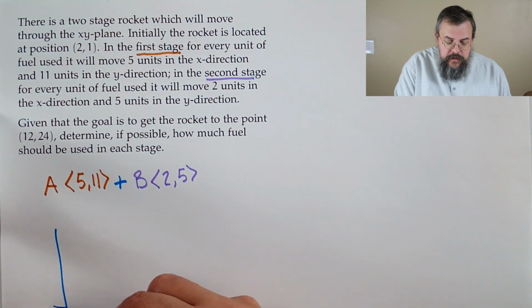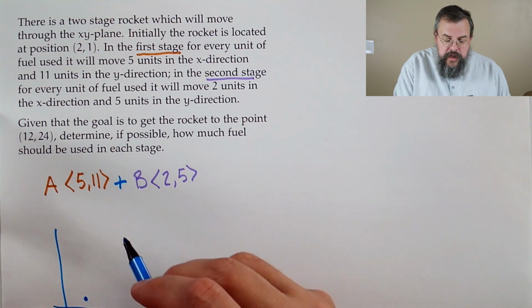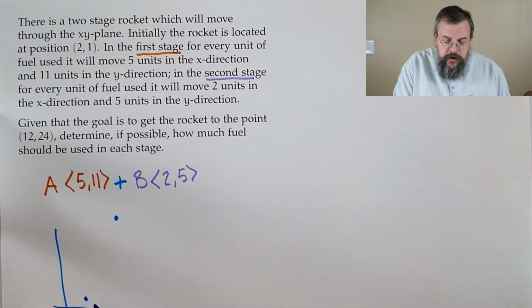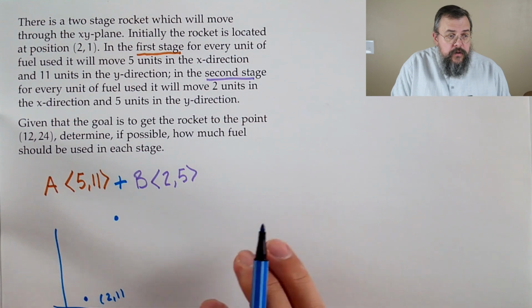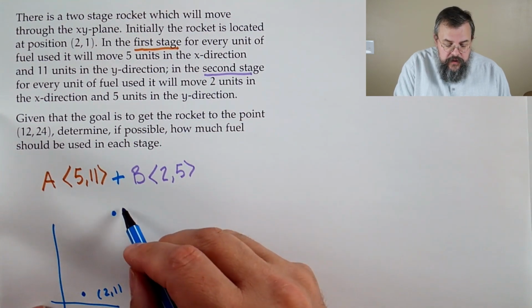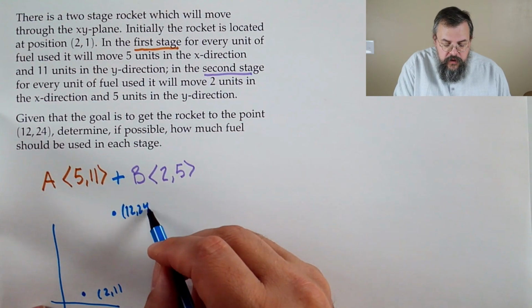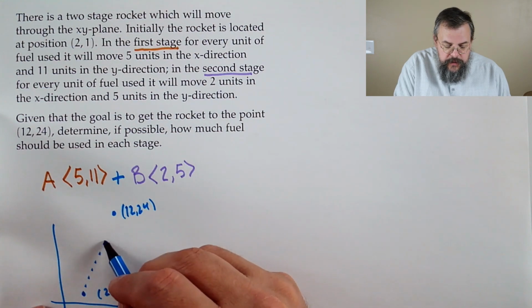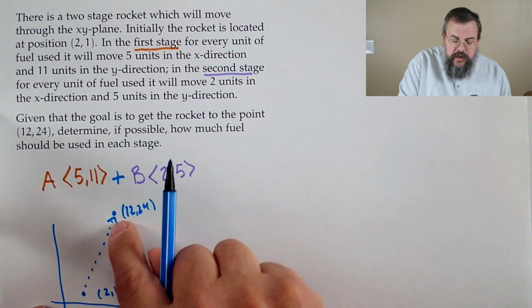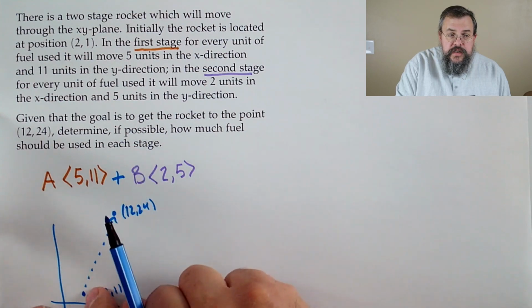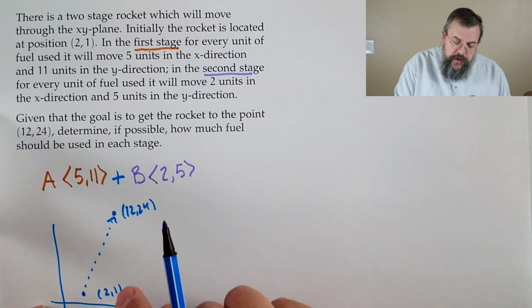So in terms of the picture, we're starting here at (2, 1), and we want to get over here to (12, 24). So what we're trying to do is say, well, what's the total change that we're looking for? Well, the net change is this vector. How do we do that?